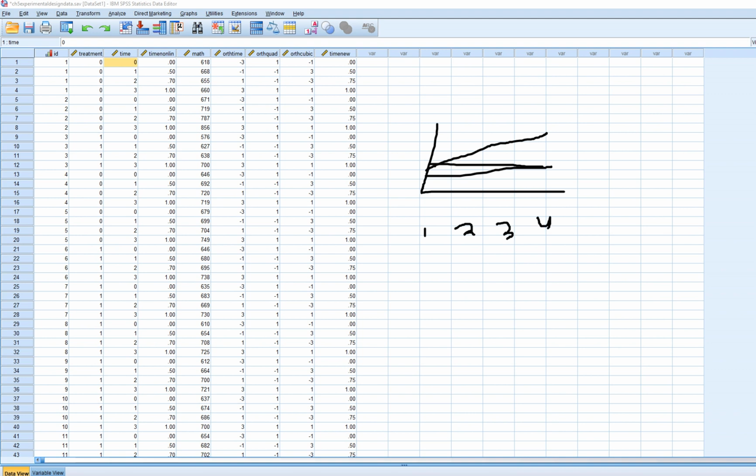And the coding of the time variable basically allows us to interpret the measurement at time 1 as reflecting the student's initial status in terms of their math scores. So we would expect perhaps there to be variation in their initial status in terms of math scores, and then also potentially variation in terms of the slopes. So that's essentially why the time variable is coded the way that it is.